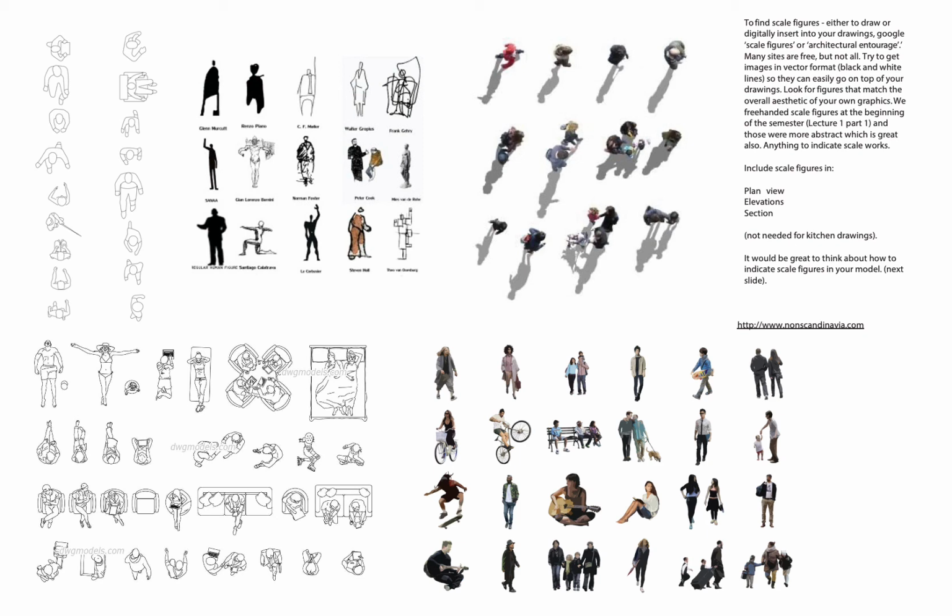If they are black and white drawings, then vector means that you're just downloading the lines. So if you were to put a seated person on a drawing of your chair, you might see the chair underneath them.